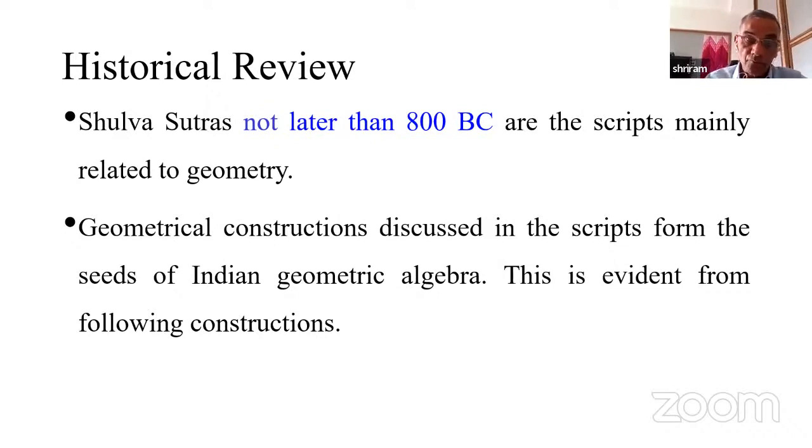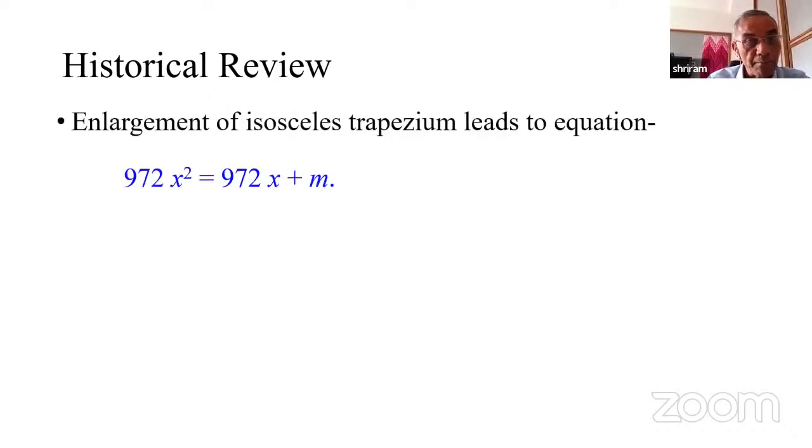So the equations which they tackled at that time, remember, 2800 years back nearly, are of this type: 972x square equal to 972x plus m. M is arbitrary, so that m changes according to the construction. But they needed to solve this, and they solved it successfully for construction purposes.